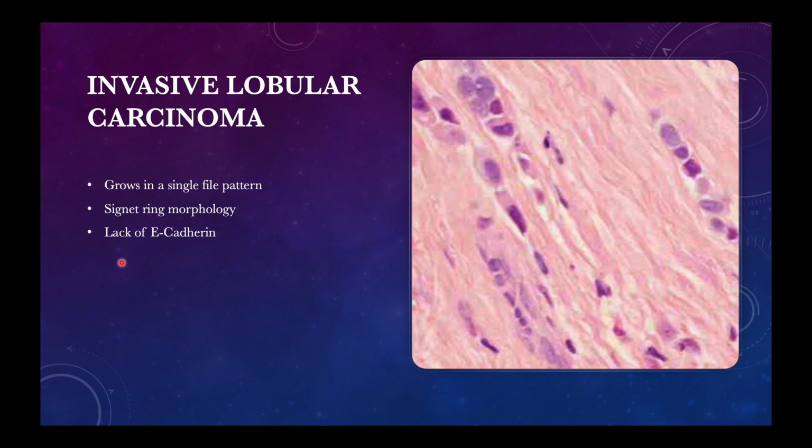And these are multifocal, can be bilateral, usually unilateral. But the most important thing is this is bilateral. This is multifocal, and the previous type, invasive ductal carcinoma, is unifocal. Okay, that's just one thing we got to remember.